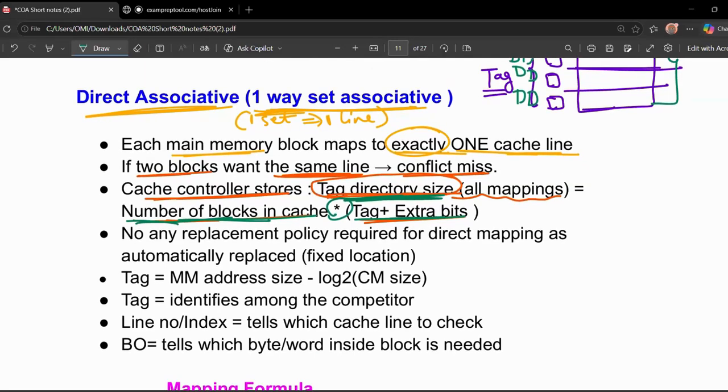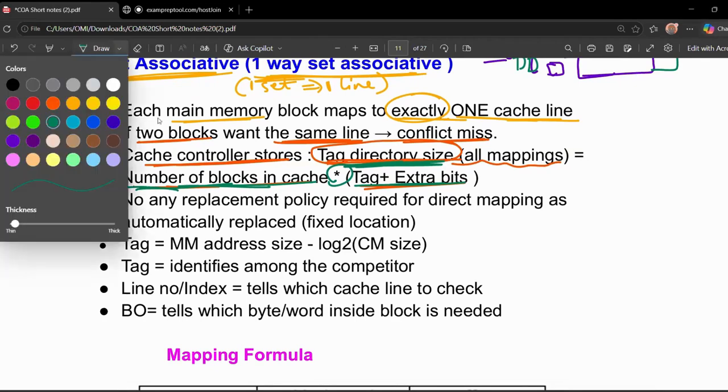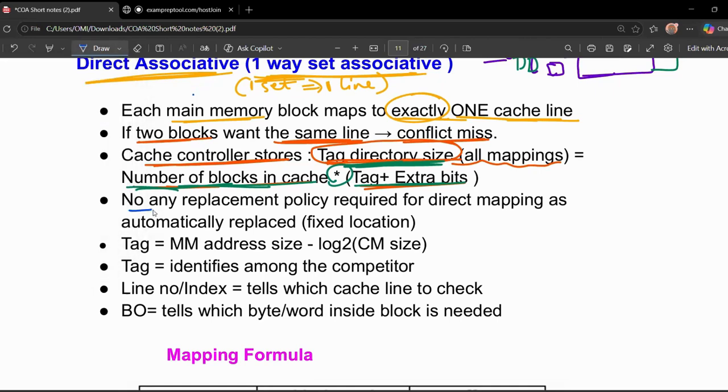Now the next important point of direct mapping is that there is no replacement policy required. No replacement policy is required for direct mapping, as it is automatically replaced because it has a fixed location.